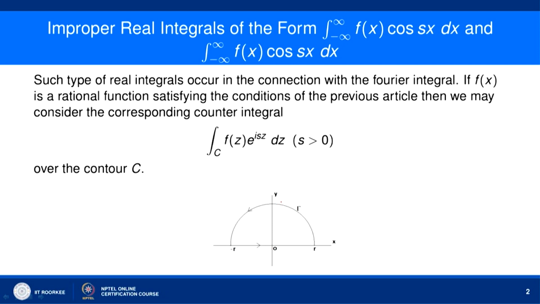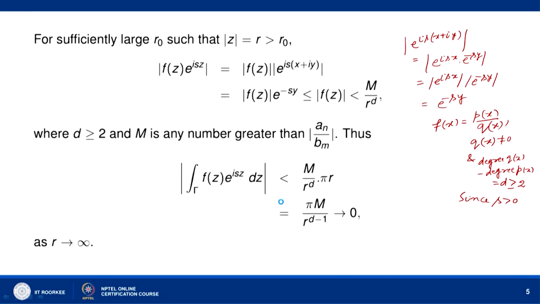So, if you take any point on gamma, then y is greater than 0. So, what we will have, since s is greater than 0 and y is greater than 0, we have mod of e^(-sy) less than or equal to 1 on gamma. This is valid on gamma. Okay. So we can replace e^(-sy) by 1.